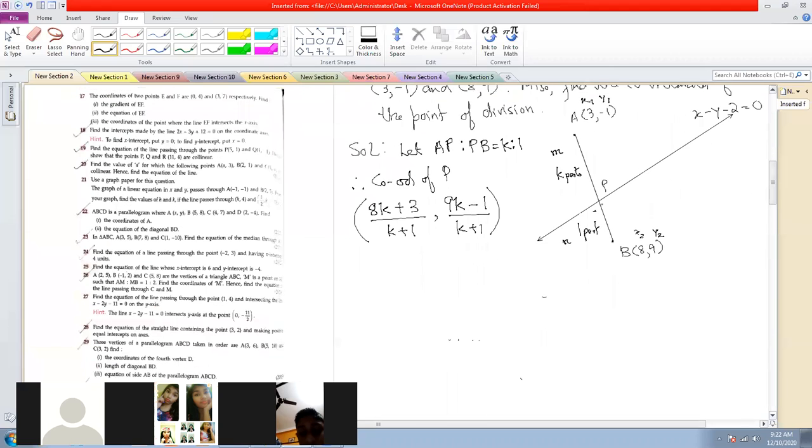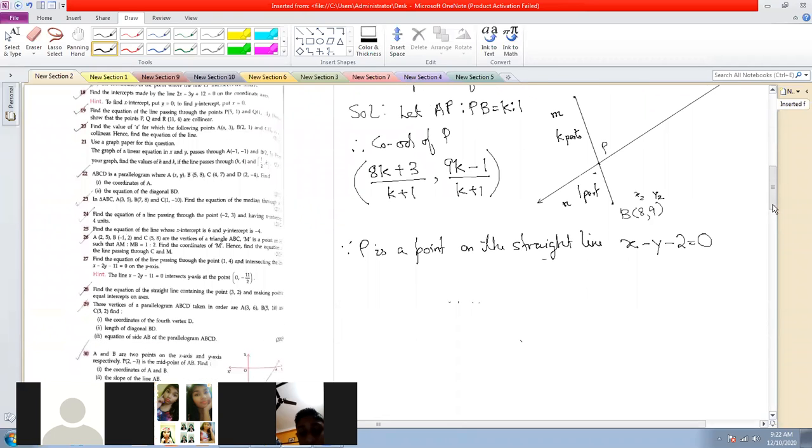Now we see that P is a point on the line x minus y minus 2 equal to 0. Since P is a point on the straight line, it must satisfy this equation.